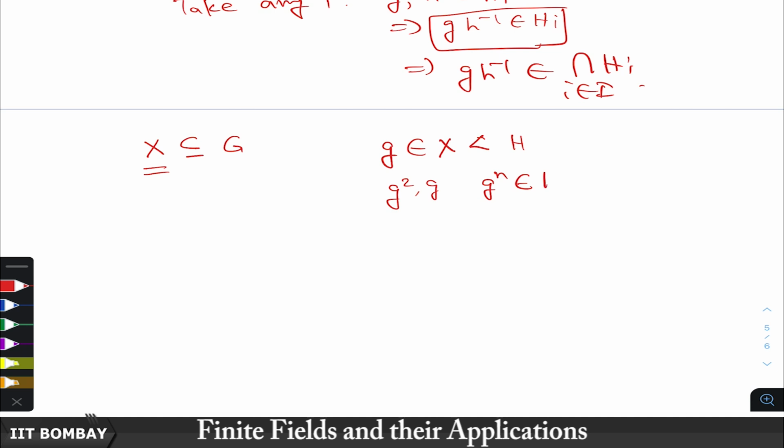So, all these must also be elements of that H.